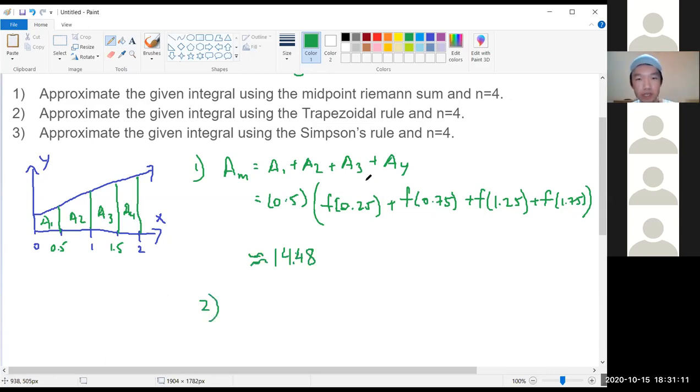All right, number 2 says to use the trapezoidal rule. Let me pull up the formula real quick.